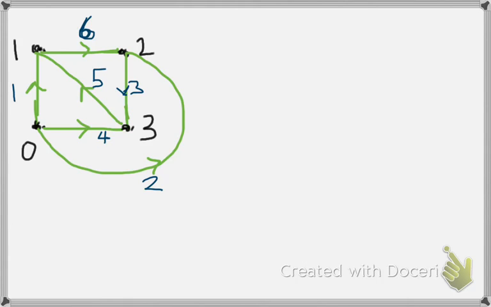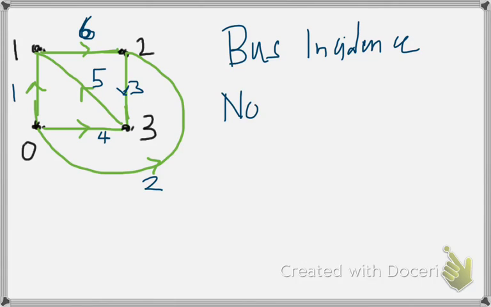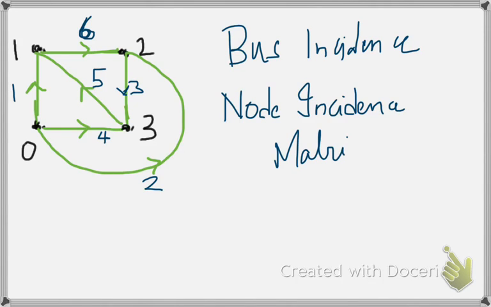So before we construct the bus incidence matrix, we need to construct something called the node incidence matrix. The bus incidence matrix or the node incidence matrix actually tells you how the different nodes in a graph are communicating with each other.